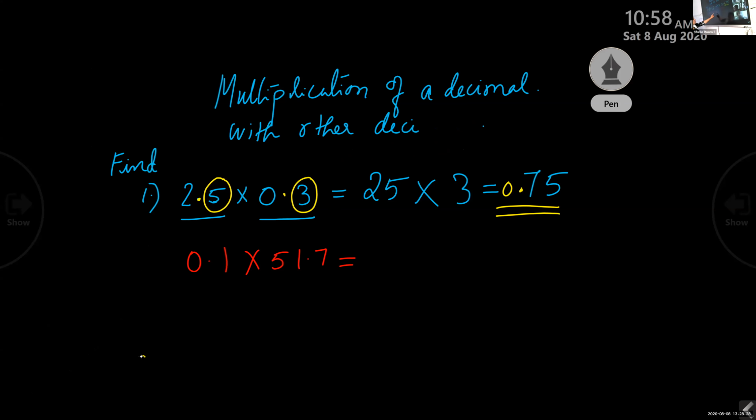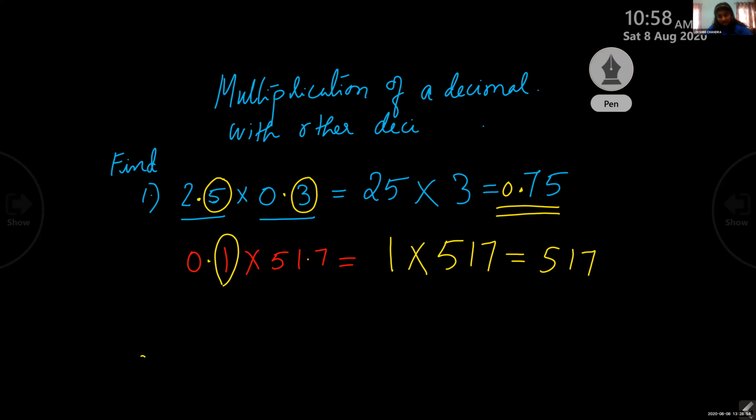0.1 into 51.7. So simply take, what is this number? 0.1 means it is 1. 1 into 51.7. 517 you take. 517. Now check, after the decimal point, how many places are there? 2.